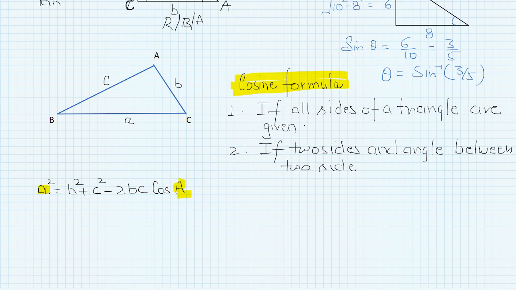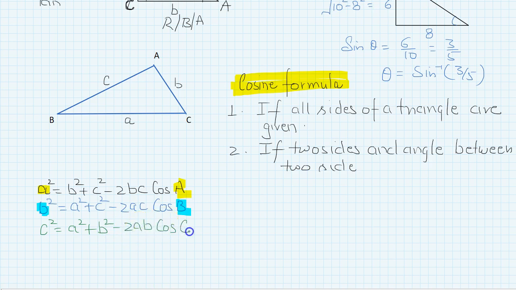In the same way, it's easy for us to write b square is equal to a square plus c square minus 2ac cos b. So it starts with b and this angle is b. The third formula is c square is equal to a square plus b square minus 2ab cos c. It starts with c and this is angle c.